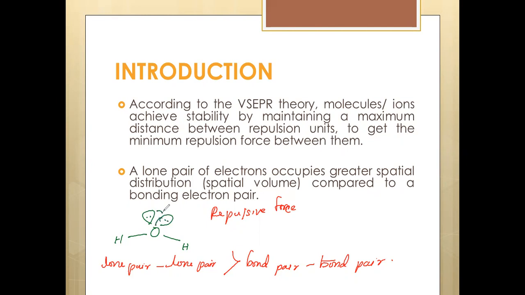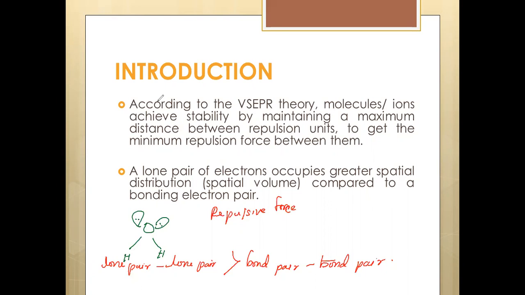The repulsion between the lone pairs should be higher than the repulsion between the bonding pairs. You may be confused, so we'll show it like this: oxygen, hydrogen.